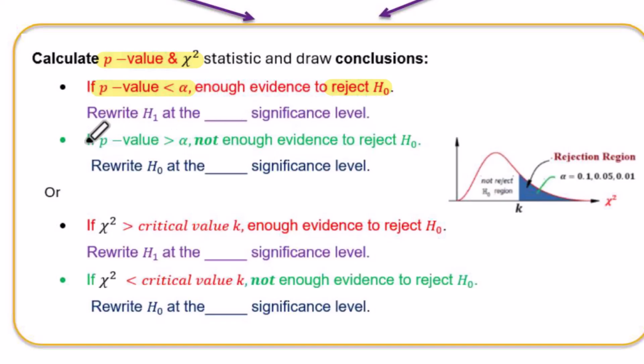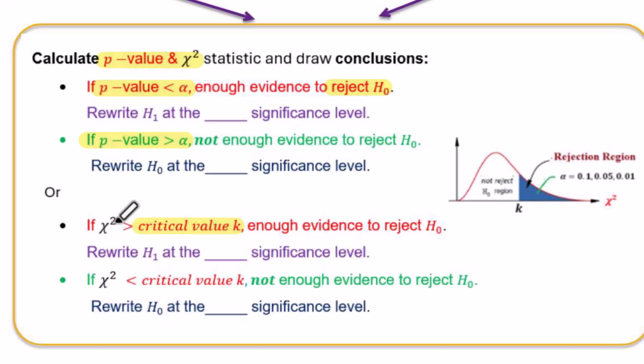If p-value is greater than alpha, not enough evidence to reject H0, you need to rewrite H0 at the certain significance level.